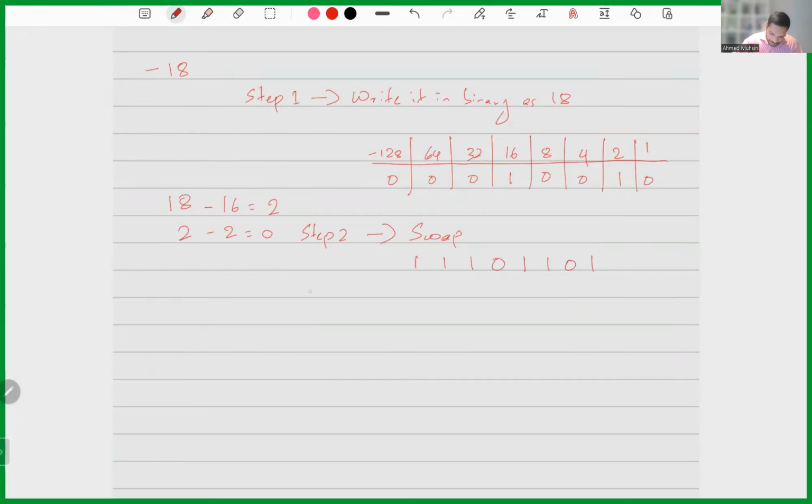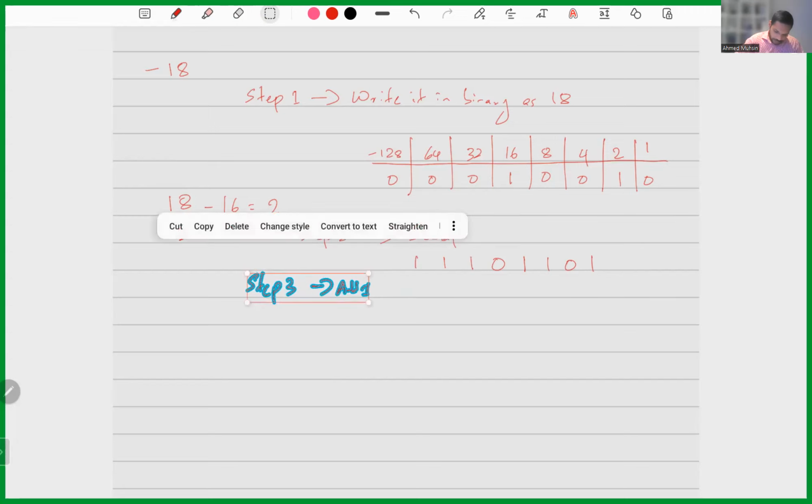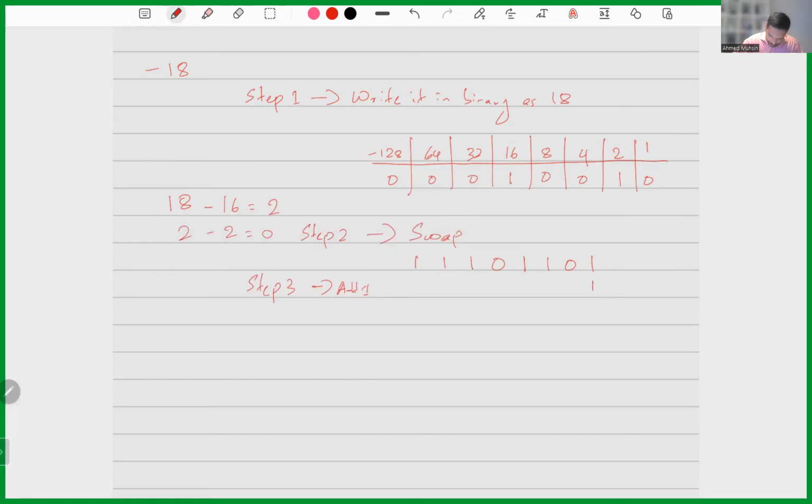Step number 3 is add 1. I hope you remember. So let's put 1 over here and we're going to add it.